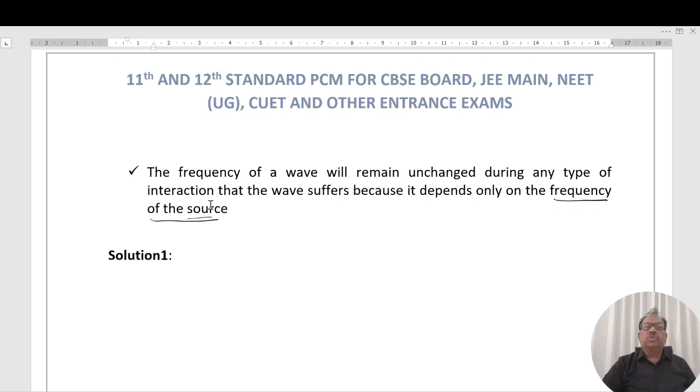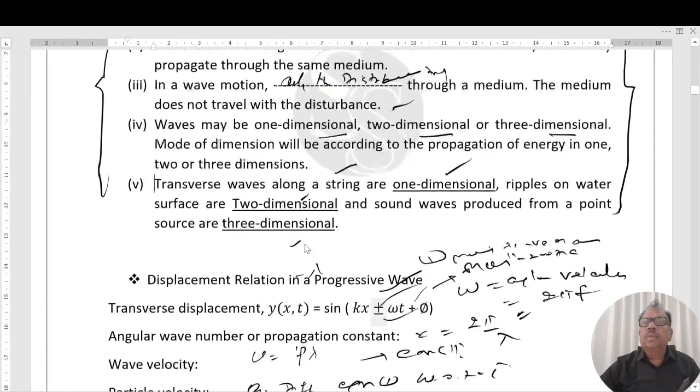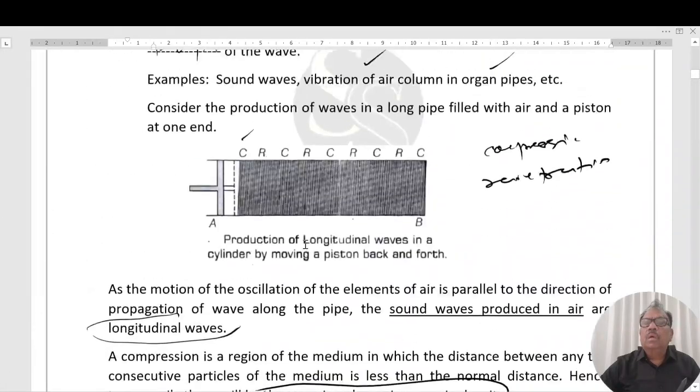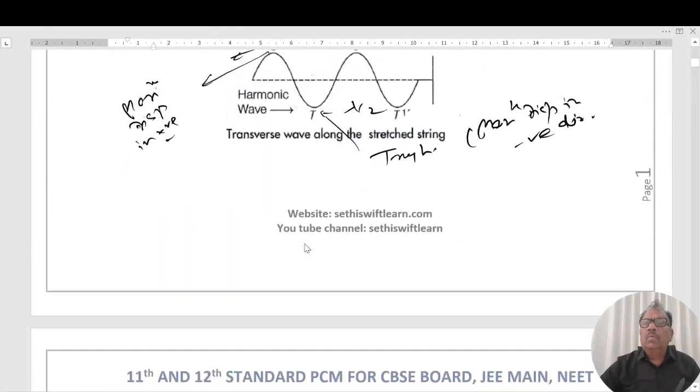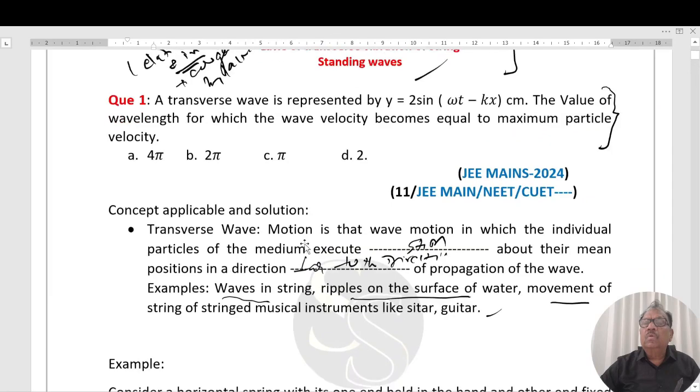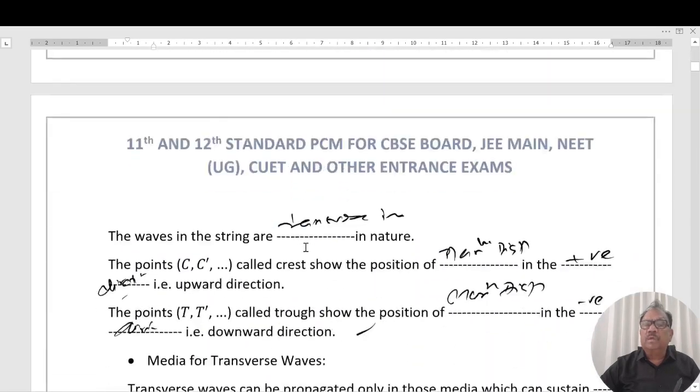Question is, the expression is given to you: y equal to 2 sin(omega t minus kx).